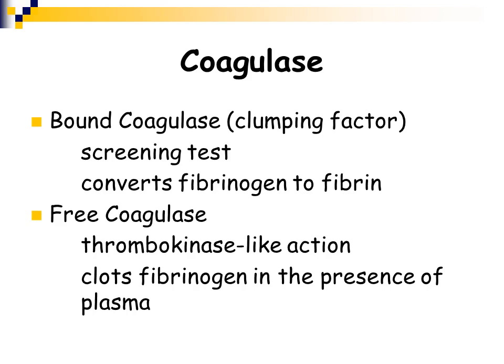Free coagulase is a thrombokinase-like enzyme. It clots fibrinogen in the presence of plasma. So these are the 2 different types of coagulase, but the key feature of coagulase is it allows you to differentiate your Staphylococcus aureus pathogen from all of your other Staphylococcus species.